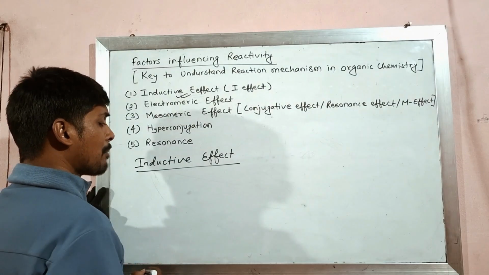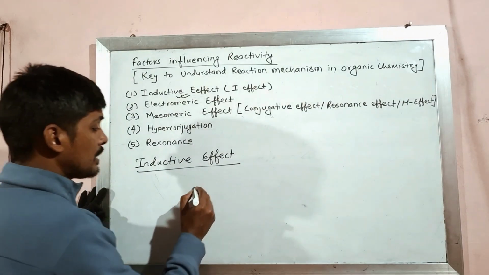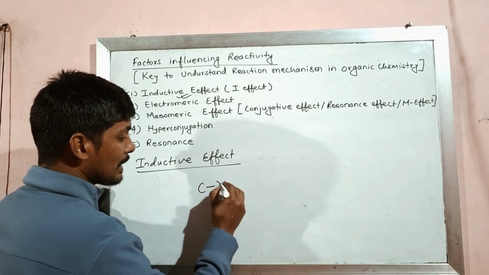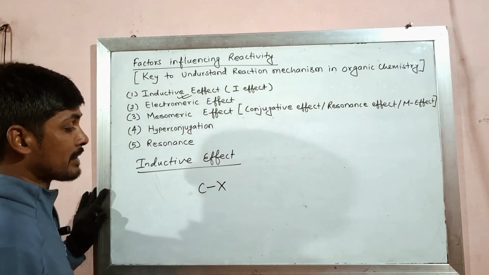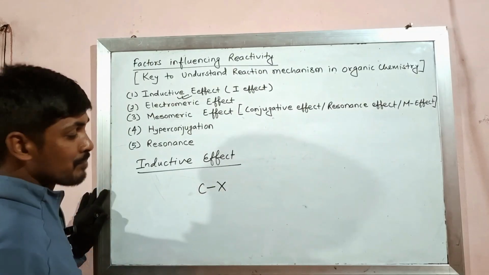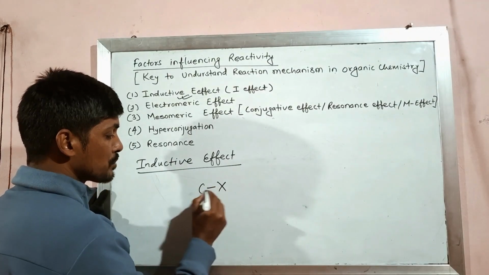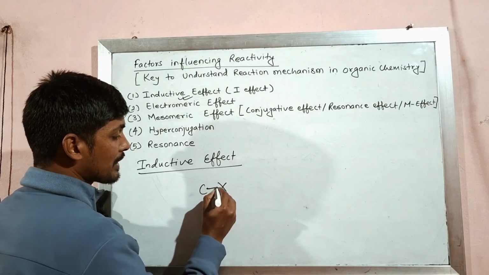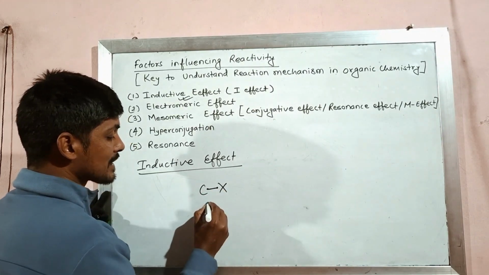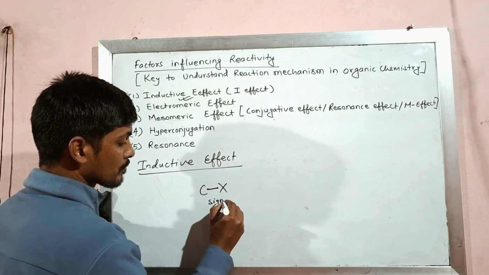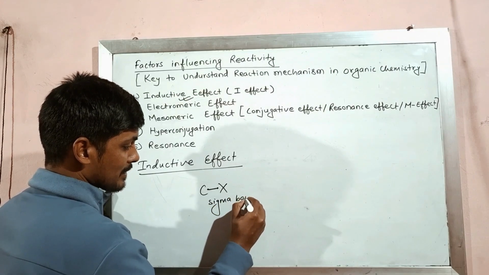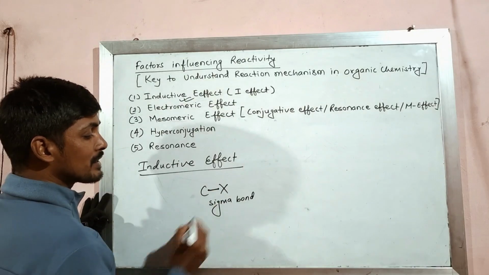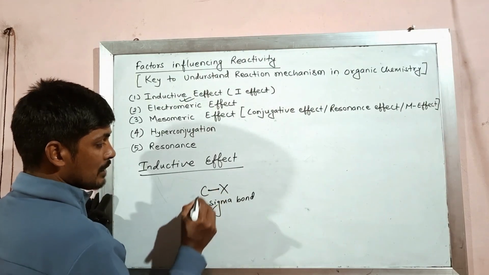In case of a sigma bond, suppose there is a sigma bond between carbon and a halogen, let it be X. Here they share a pair of electrons to form the sigma bond.